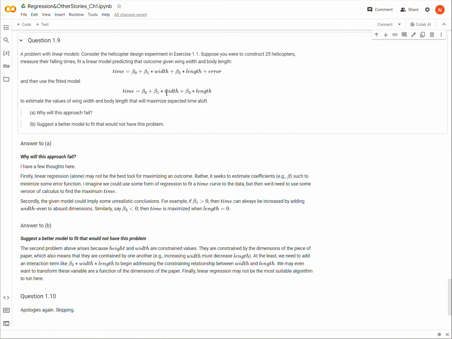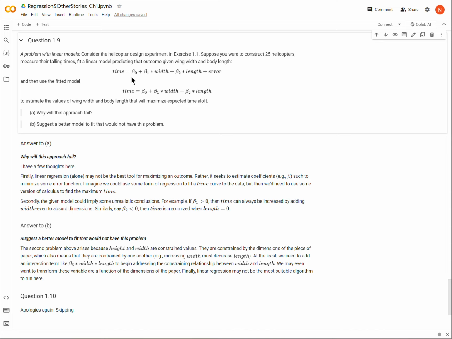But of course, we could get out to ridiculous dimensions here, in which case the equation will just completely break down, right? Like if we have wing width that is 4 feet wide, it might not be a helicopter. Or just take it to an even, if that doesn't convince you, 100 feet wide, right? It's just without bound, okay? So that's one reason why this wouldn't really work.